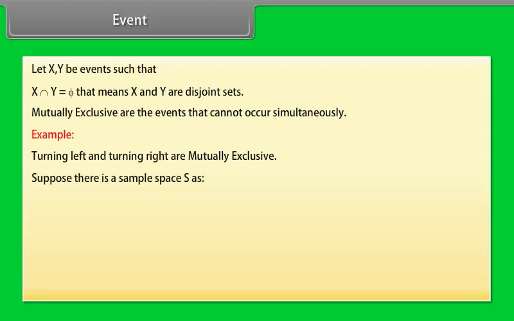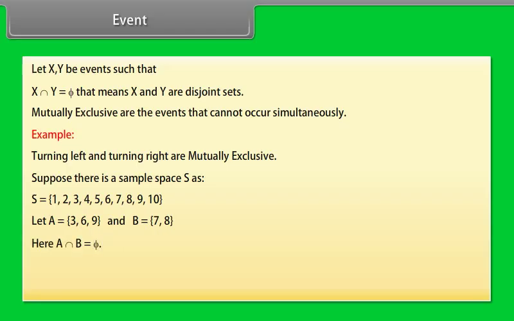Suppose there is a sample space S as S is equal to {1, 2, 3, 4, 5, 6, 7, 8, 9, 10}. Let A is equal to {3, 6, 9} and B is equal to {7, 8}.